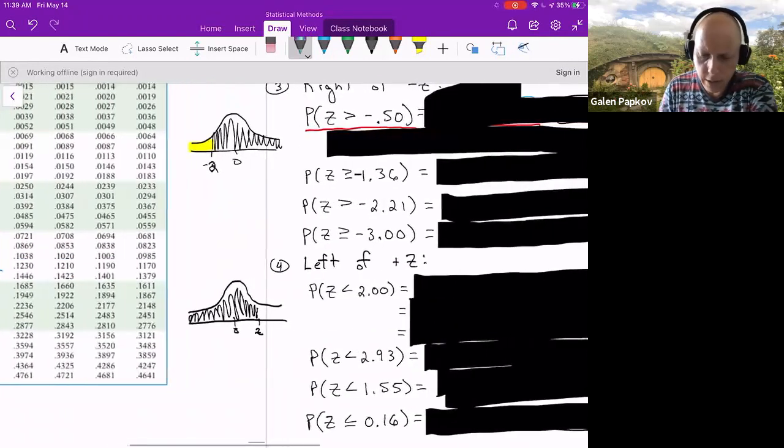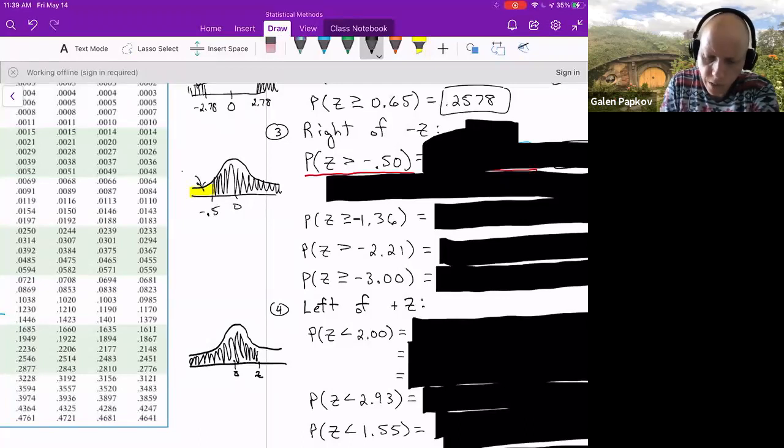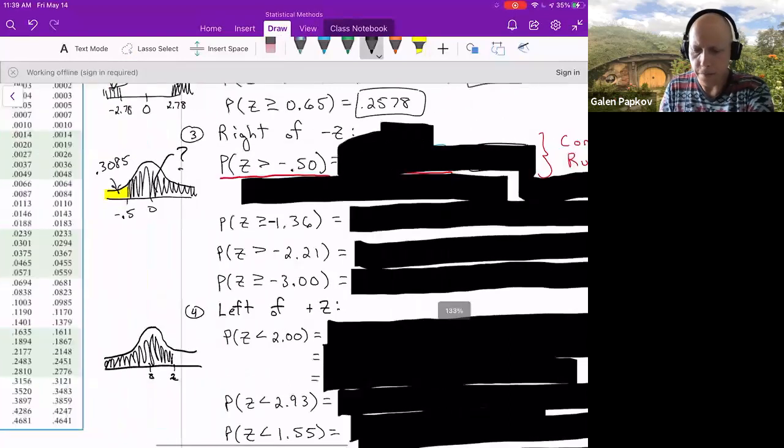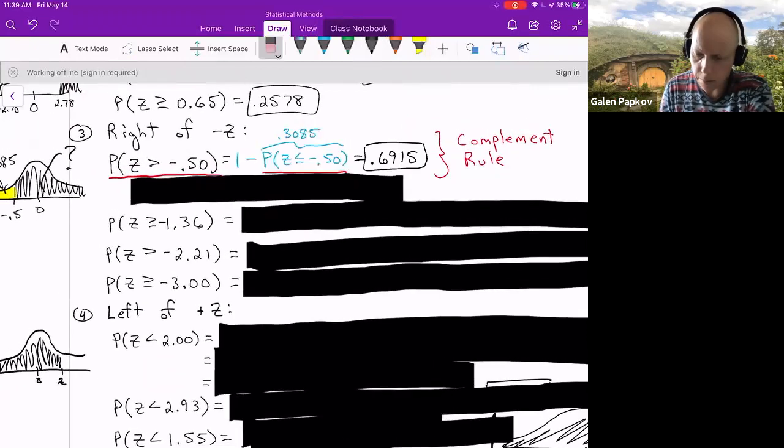So this region right here is 0.3085. But what we're interested in is this region here. So if you do 1 minus 0.3085, you will get 0.6915.